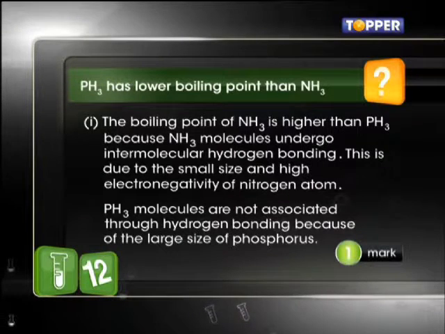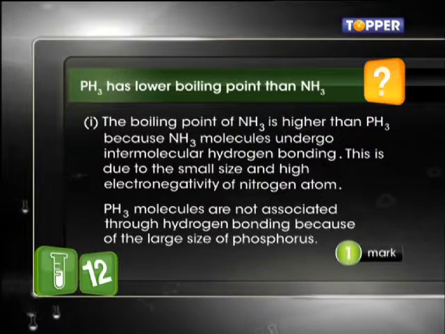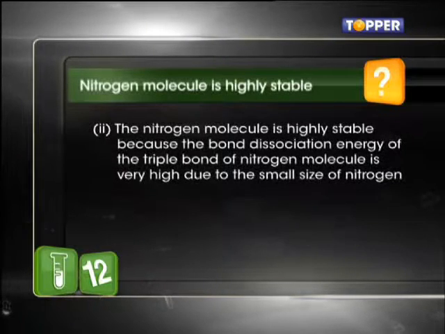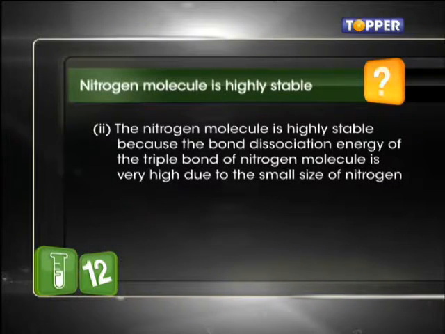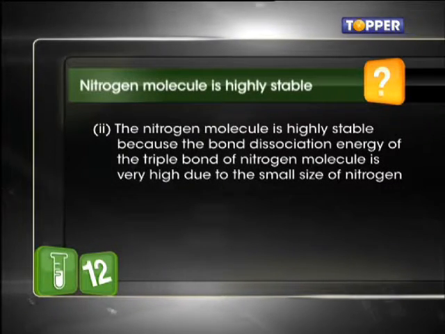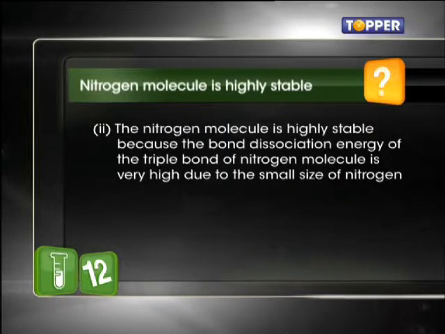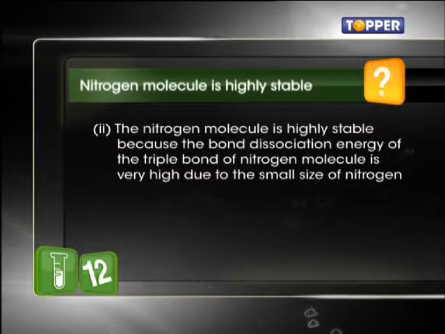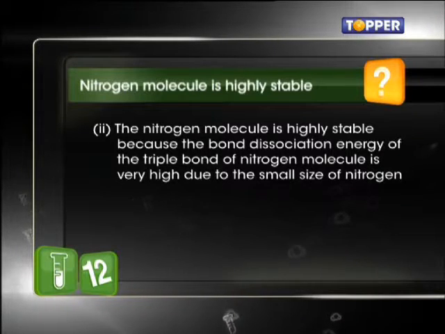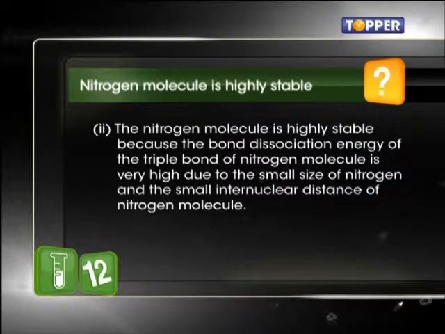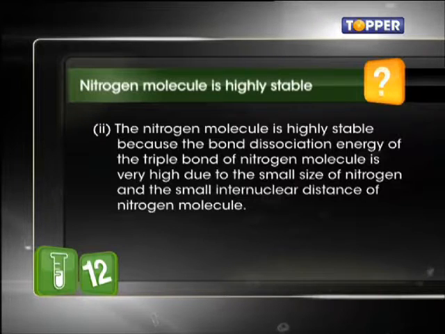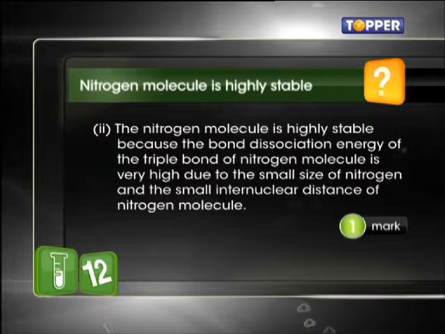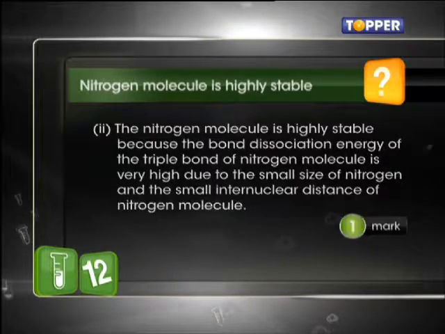Here you get 1 mark. For the next part, you shall write that the nitrogen molecule is highly stable because the bond dissociation energy of the triple bond of the nitrogen molecule is very high due to the small size of nitrogen and the small internuclear distance of the nitrogen molecule. So 1 mark more is added to your kitty.